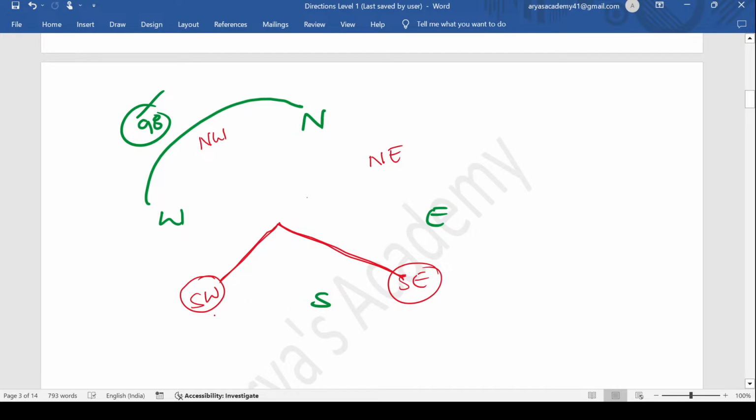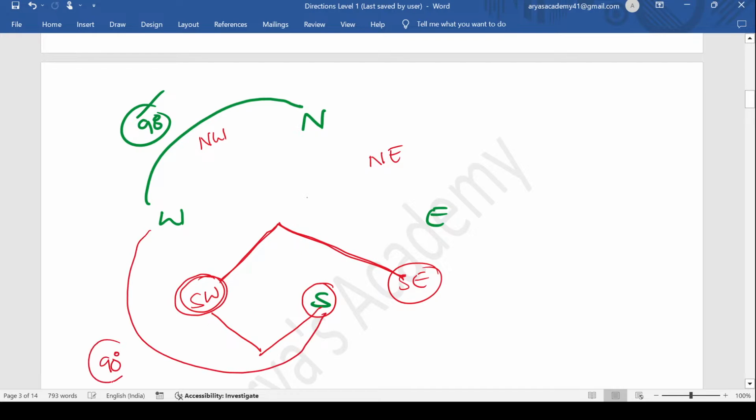if you see the angle between one main direction, that is south, and one subordinate direction, that is southwest, you already know that the angle between south and west is 90. And this southwest is located exactly in between. So 90 degrees is divided into two equal parts.